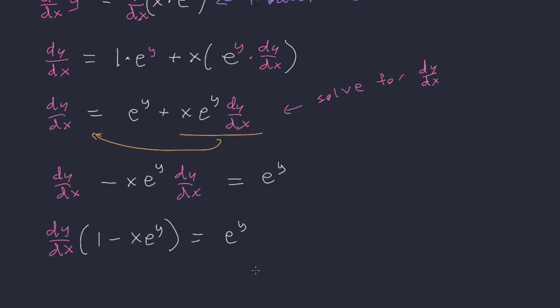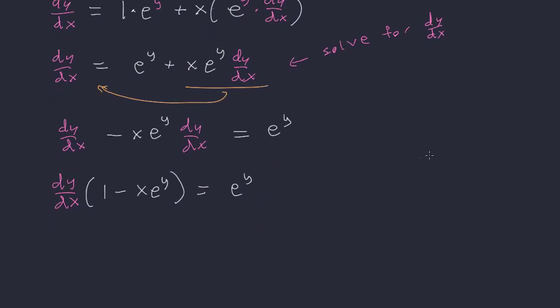Just don't forget that 1. And then we'll divide both sides by this to get that dy/dx is equal to e to the y all over 1 minus x e to the y, and there we go. Once we get that dy/dx solved for, we're done.